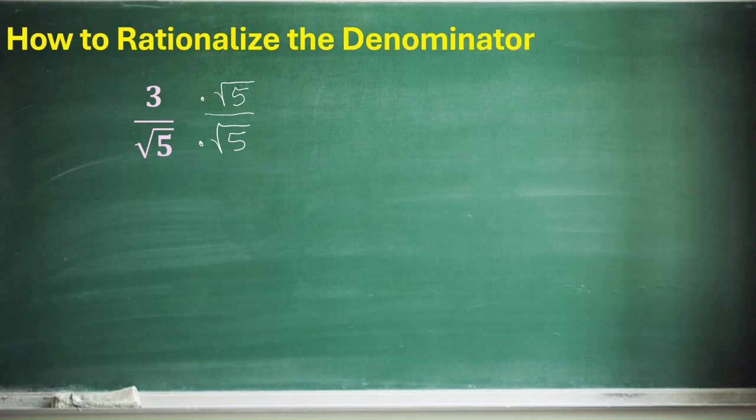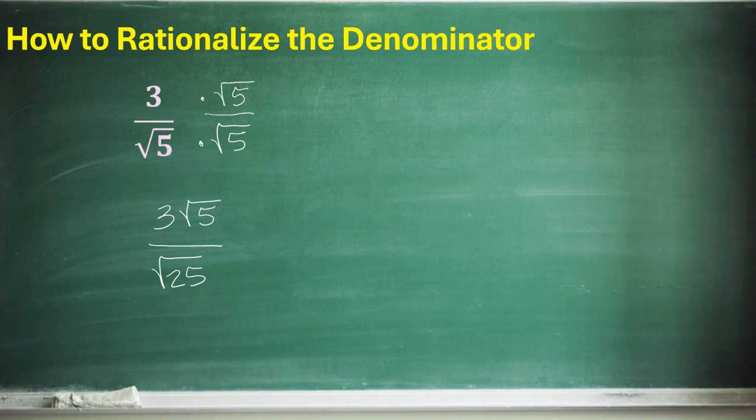So let's go ahead and do that. We have 3 times the square root of 5, which is just 3 times square root of 5. We often write this with the coefficient next to the root bar instead of with the multiplication sign present. And then we have that over the square root of 25. So our next step is just to simplify so we don't have that radical in the denominator.